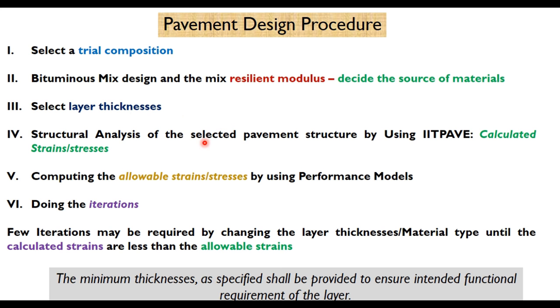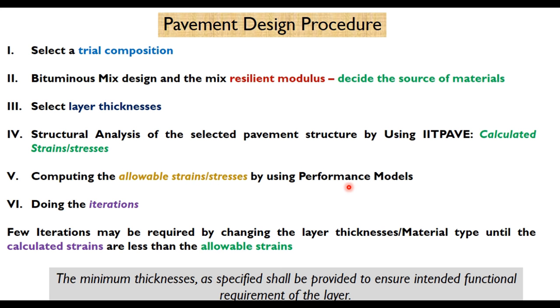Structural analysis of the selected pavement structure is done by using IITPAVE, and through this software we calculate stress and strain at desired points at critical locations. These stress and strain should be compared with allowable stress and strain by using performance models.